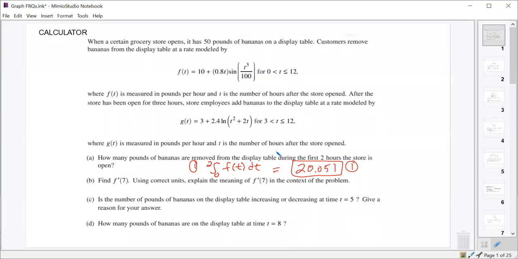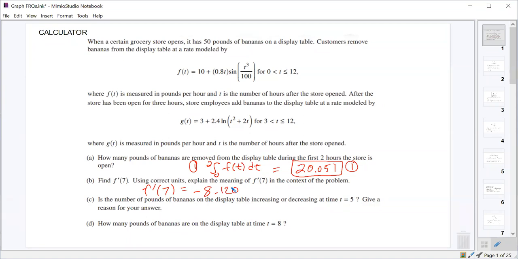For part B, it says, find f prime of 7. To find that, you're just going to use your calculator. You'll write f prime of 7 equals, and their scoring guidelines say negative 8.120 or negative 8.119. So f prime of 7 is negative 8.120.